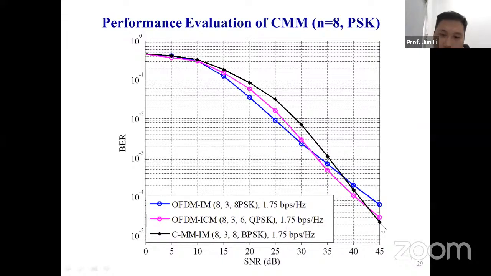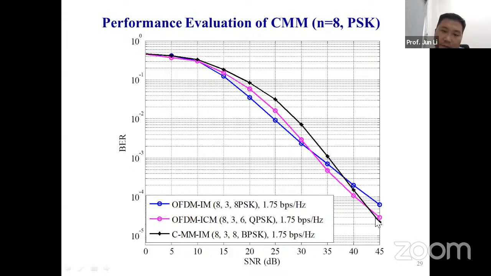But in the high SNR region, the performance error only comes from the modulation bits. In the composite multiple mode IM, there is a BPSK constellation, but the conventional ICM and IM use QPSK and 8PSK. So in the high SNR region, BPSK is obviously better than QPSK and 8PSK.